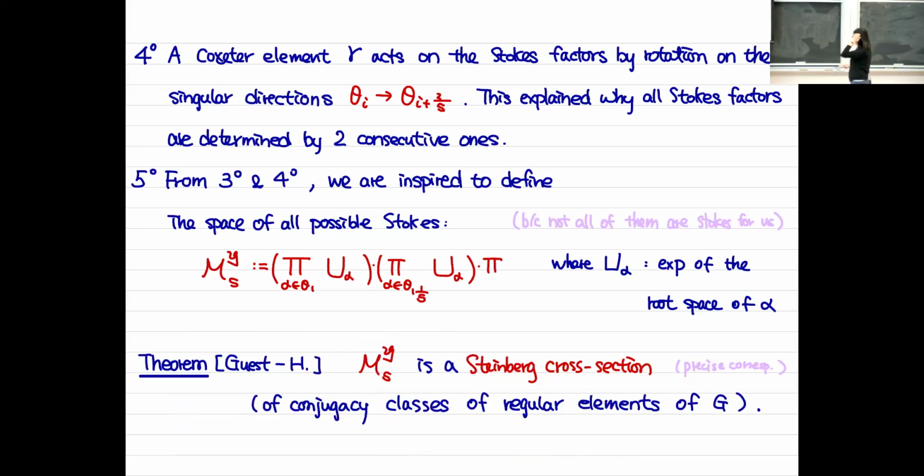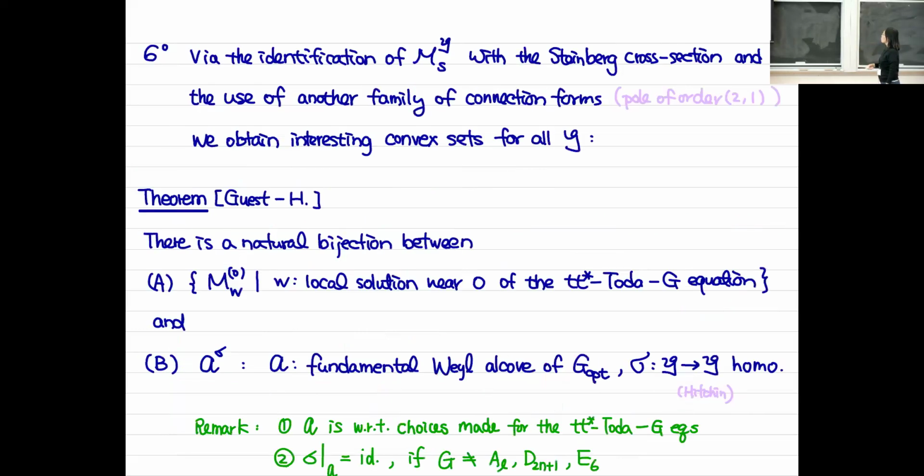One of the results is that we identified this space with the Steinberg cross-section of conjugacy classes of regular elements of G. S1, S2, those Stokes data, may not be regular, but M will be. So QQ pi will be regular, which is very useful for us later on, as you will see.